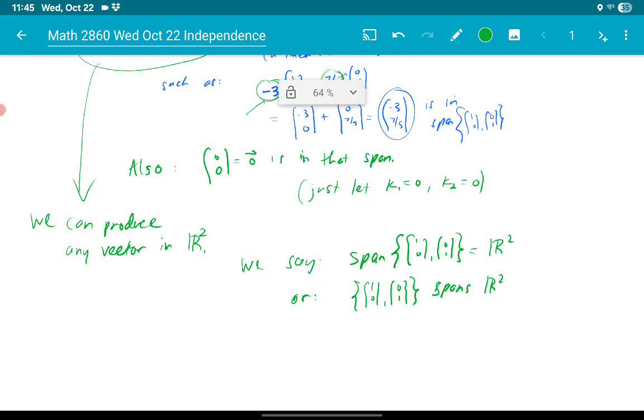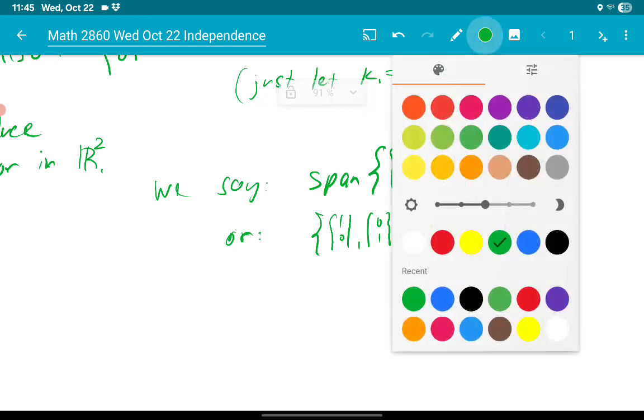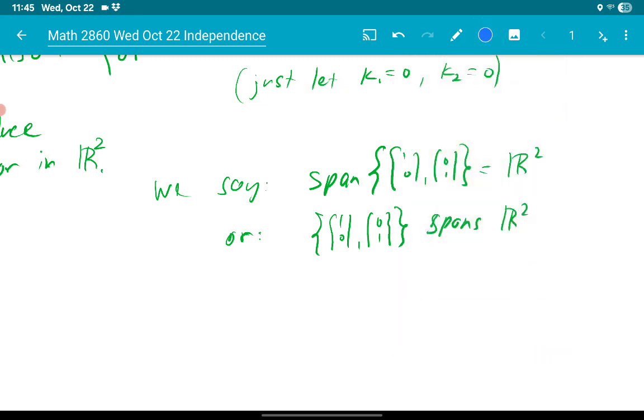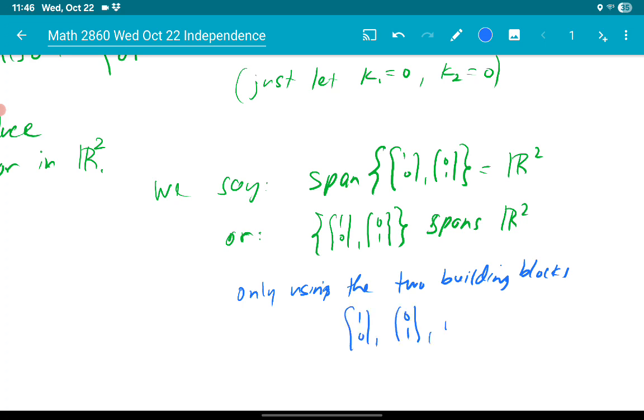Okay, so what should be your interpretation of that? What this essentially means is, let me rewrite that. So only using the two building blocks, (1, 0) and (0, 1), we can produce any vector, right?